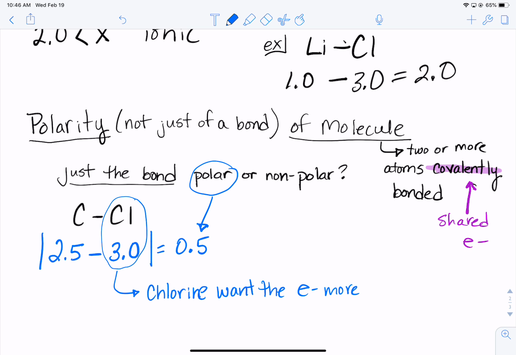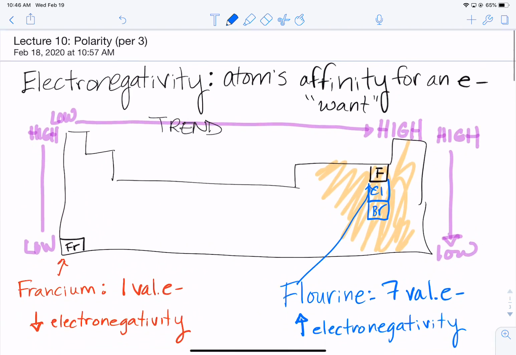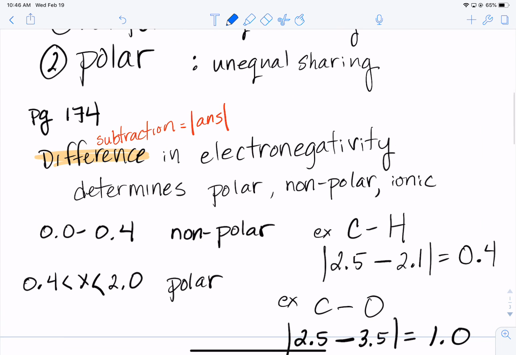How much more? 0.5 more, right? And I'm going to scroll up really quick. Do you remember where I put it? Right here, our difference in electronegativity. So if you're above 0.4, so 0.5 is in fact polar. Non-polar is anything that's 0.4 or below. Okay.